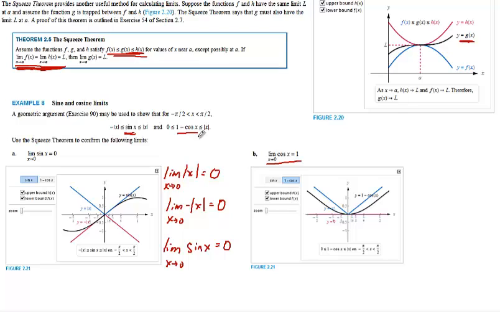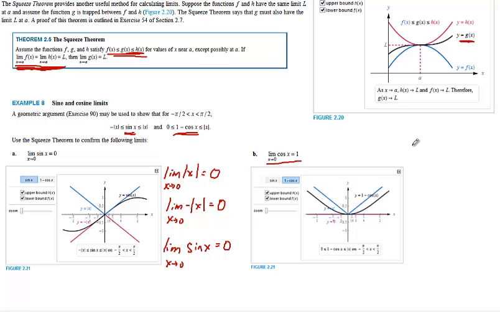And then I promise you we'll get there. So I'm given that 1 minus cosine x is always in between, so there's my picture of 1 minus cosine x in black, the absolute value of x and just the constant function y equals 0.